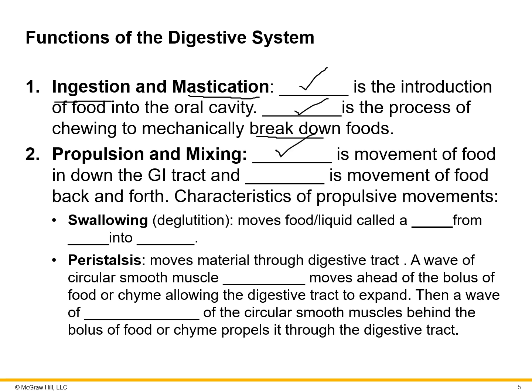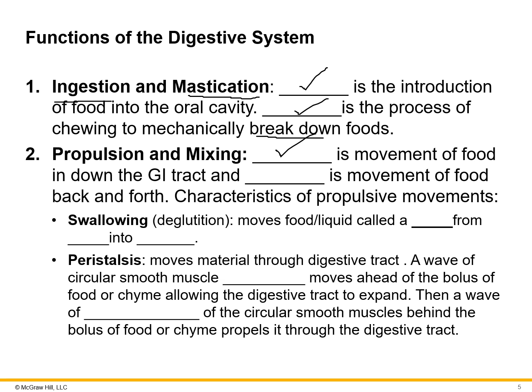So propulsion is to move food down the gastrointestinal tract from the proximal end to the distal end. And there are times when it backs up, but in order to prevent this backing up, we have valves in different segments of your GI tract that prevent backflow.